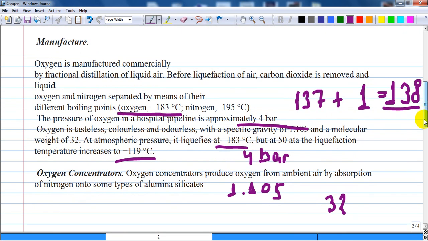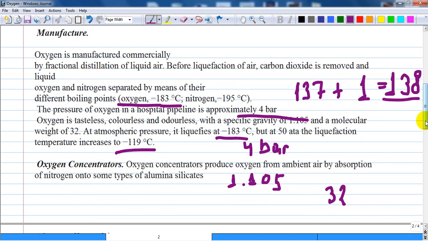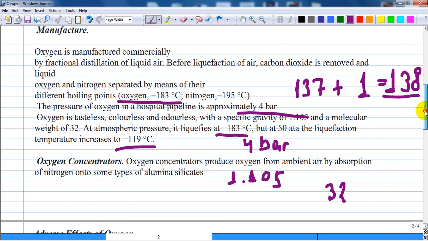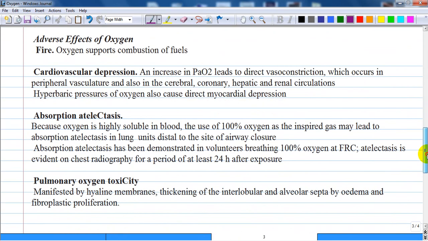So we discussed many properties of oxygen, and very interesting for us doctors and of course for patients are the side effects or adverse effects of oxygen. Fire. When you hear oxygen, you think about fire. Oxygen supports combustion of fuels.